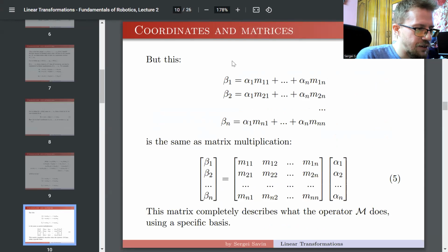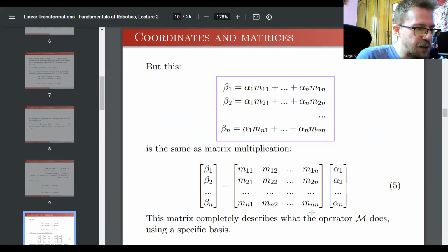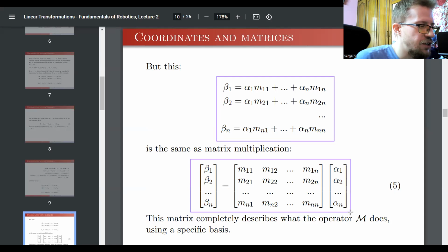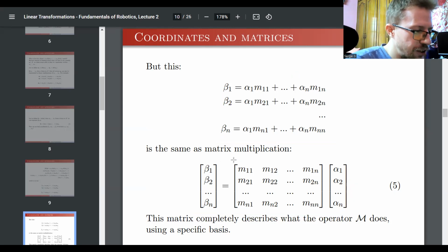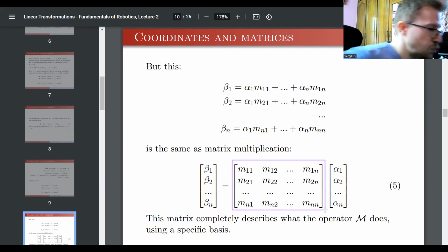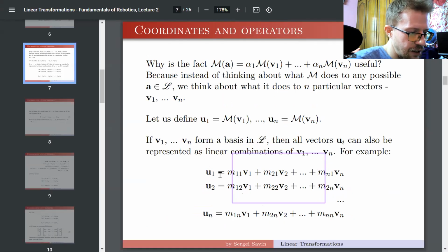Okay. Now, next. This expression can be represented equivalently as a matrix vector multiplication. And now you can see what's going on, right? Those coefficients represent basis transformations, how U1, U2, Un look in terms of the basis. Let me remind you where we got them from.